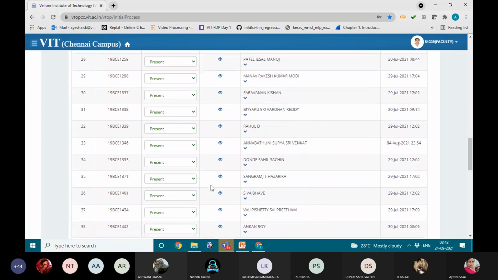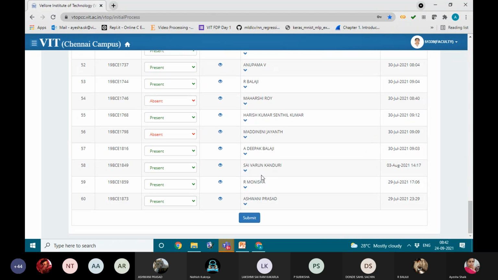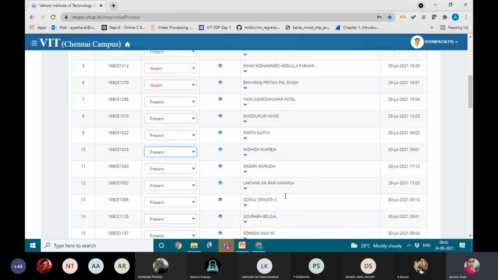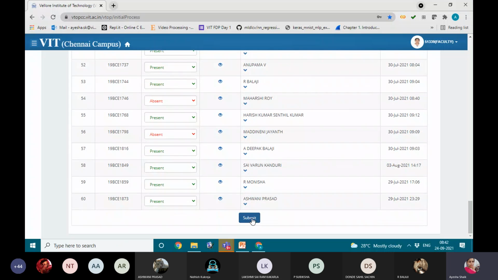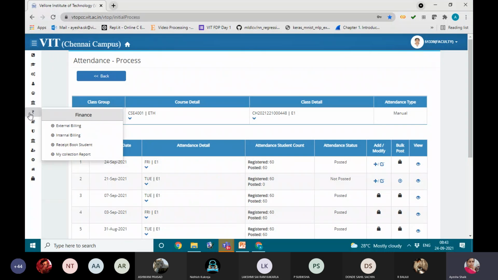Thank you. Then Maharshi Roy, Jayant. So these are the absentees: 1, 2, 4, 5, 6. So 6 members are absent. Now tell me, shall I take the 6 to 7 class today? Some half an hour?